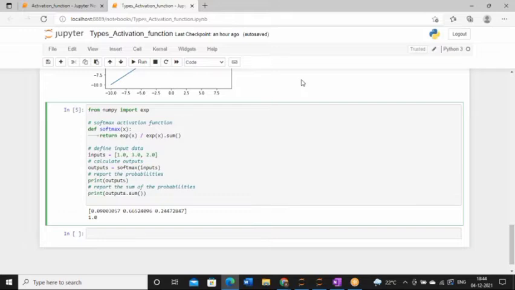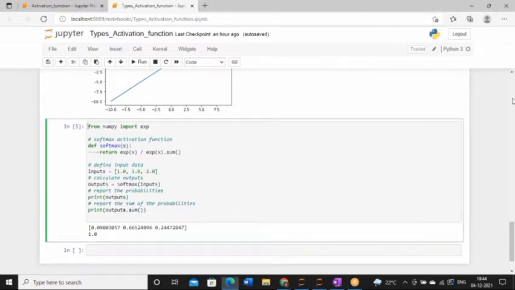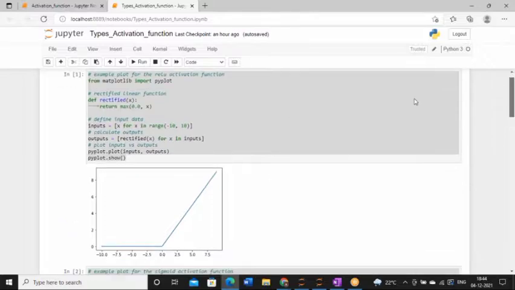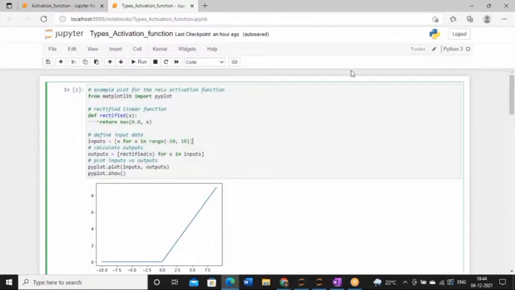Now consider this coding one by one. I'm just showing it to you. See, you may find one piece of code over here.